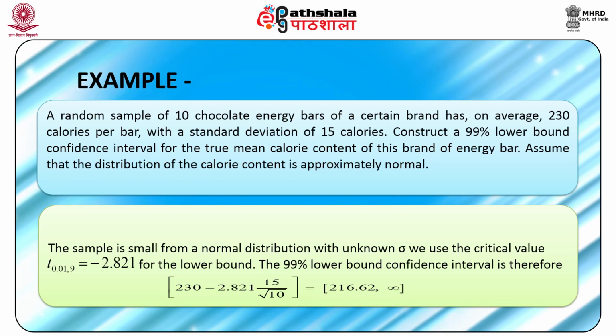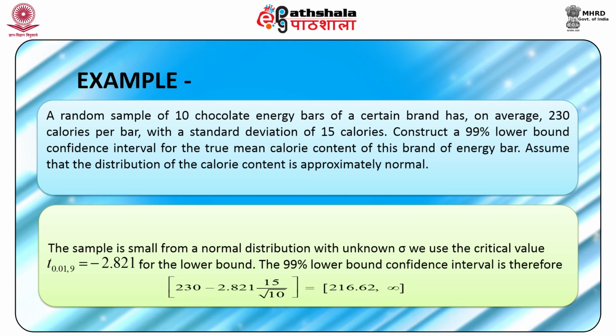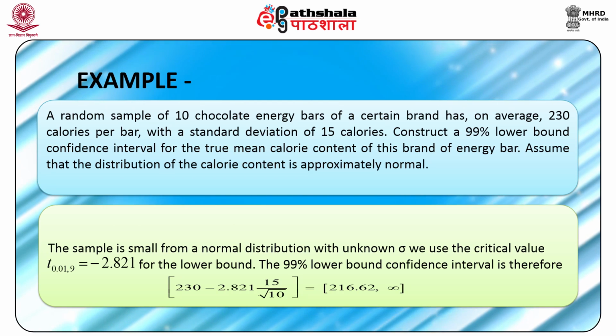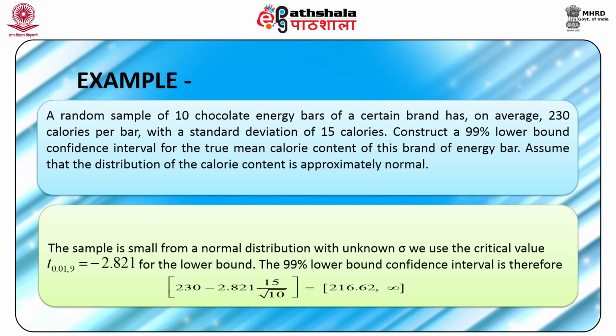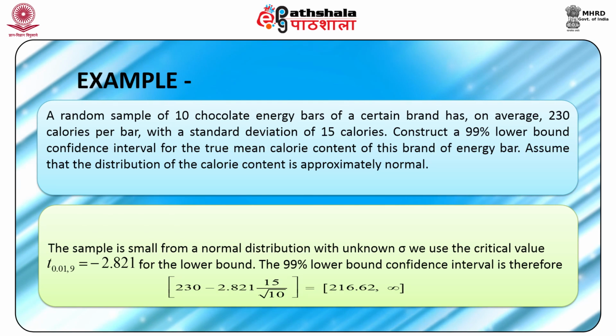Since the sample is small and is drawn from a normal distribution with unknown sigma, we use the critical values of T alpha with the degrees of freedom n minus 1. And this is equal to minus 2.821 for the lower bound.